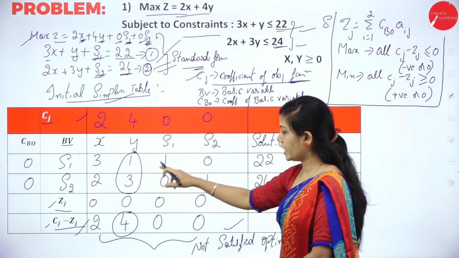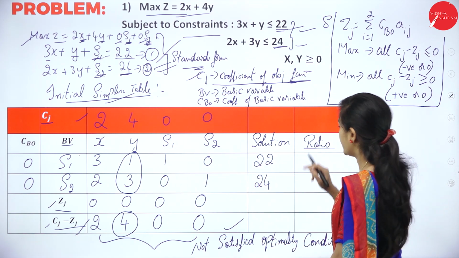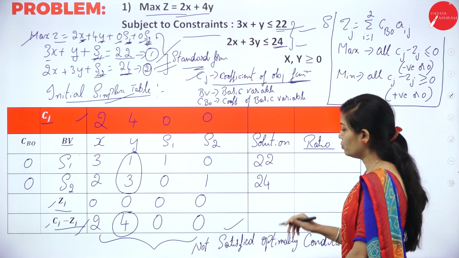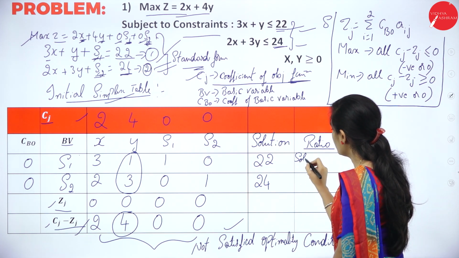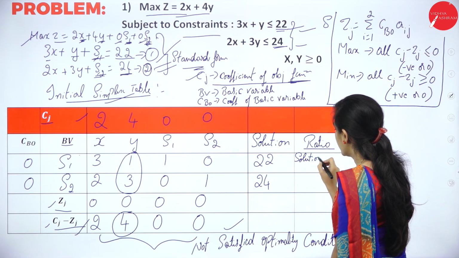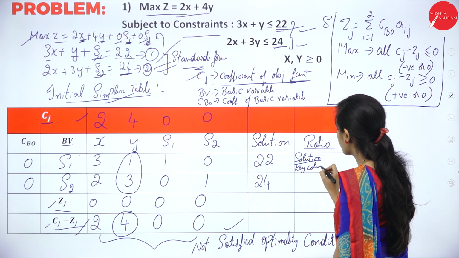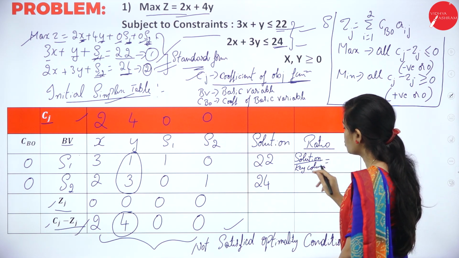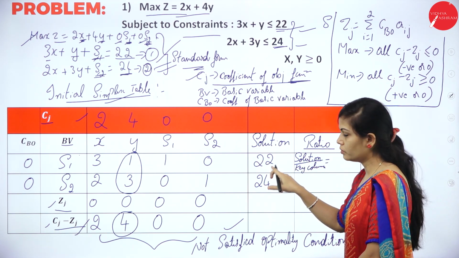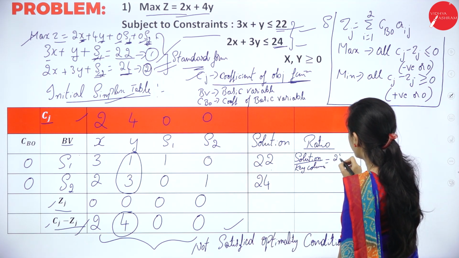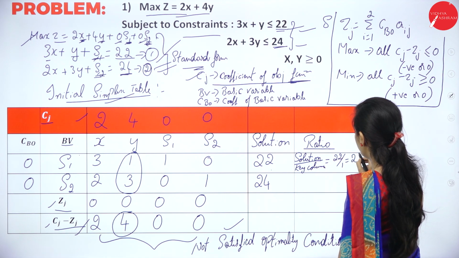After finding the key column, we have to find the ratio. How do we find the ratio value? The formula is solution divided by key column. The solution value is 22 and the key column value is 1, so 22 divided by 1 is 22.